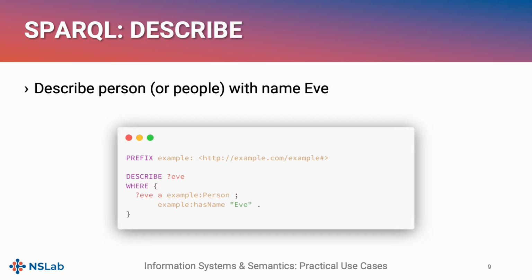In this case, in describe query, we have a where again, just as we had for construct and for select, but here we don't want to construct something new or get the table of results, but we want to have all the description about the matching resource.